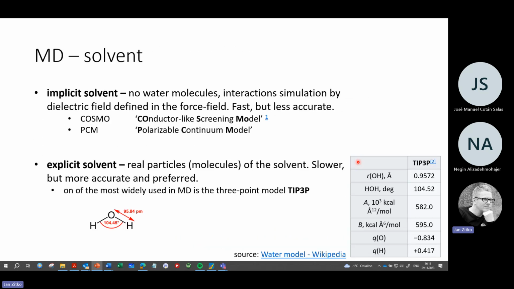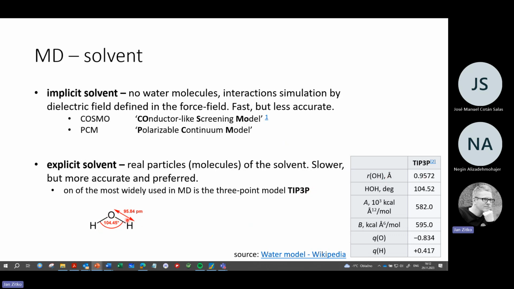The second big exception is the models of the solvent. For example, for water, the most often used model is the TIP3P model. The 3P means that it's based on three points.